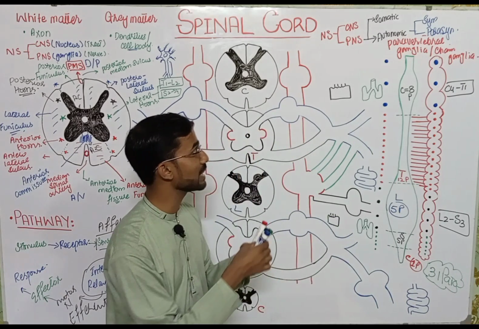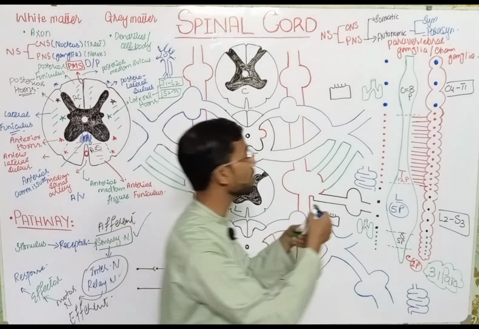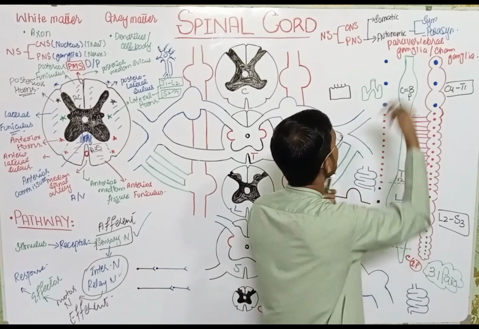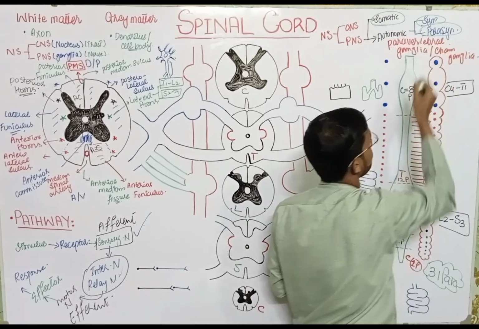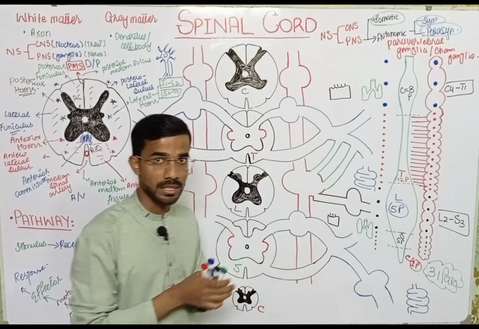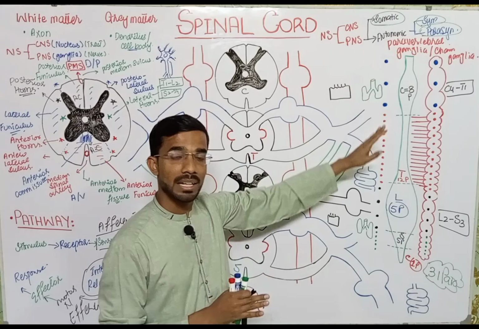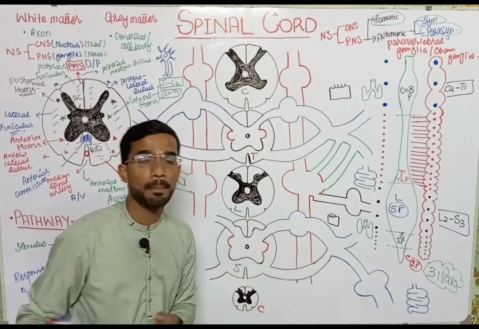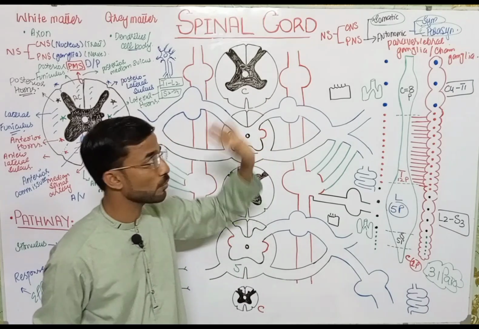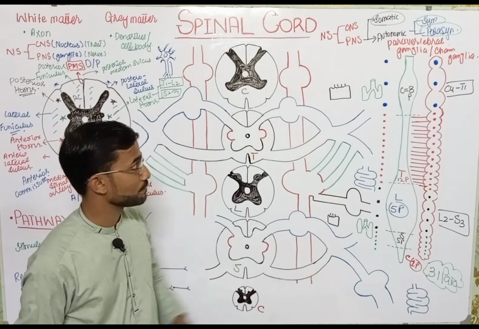The sensory pathway is the same for all of them, but the motor, or efferent, pathway divides into three. So we will discuss all: somatic, sympathetic and parasympathetic.